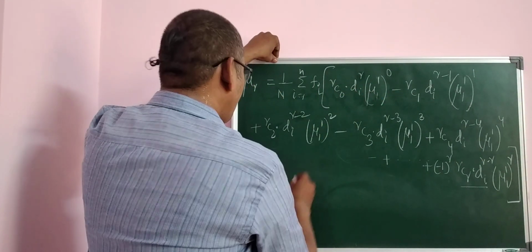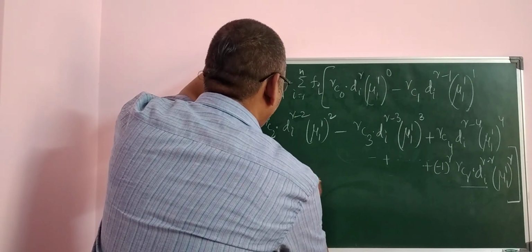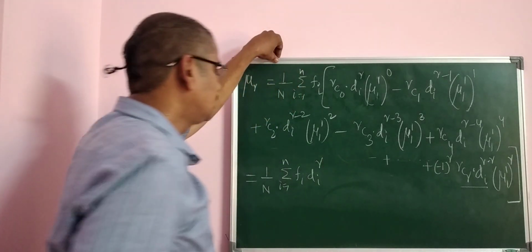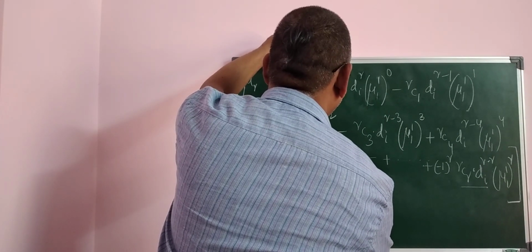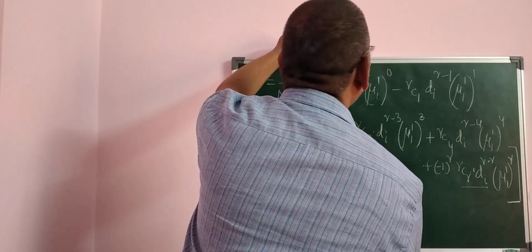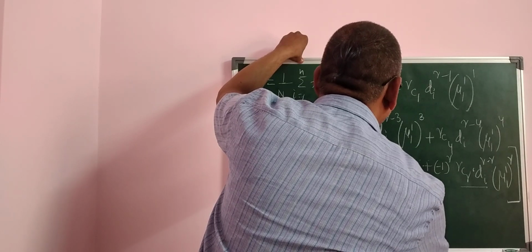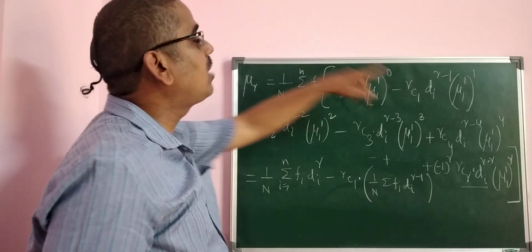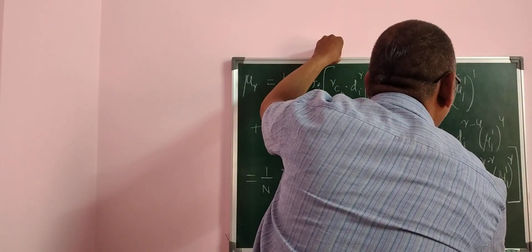So in this we have only one term, 1 by n summation i equal to 1 to n f_i into d_i^r. This is the first term. Okay, next, come over here, minus rC1. I am taking it outside, rC1 multiplied by 1 by n summation f_i into d_i^(r-1). This is one particular term, and the remaining value is multiplied by μ1'.